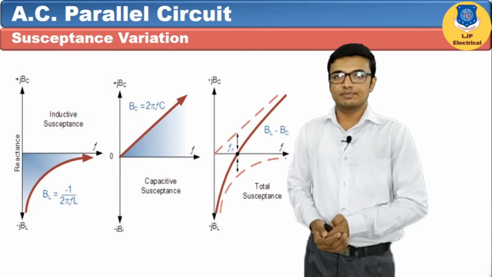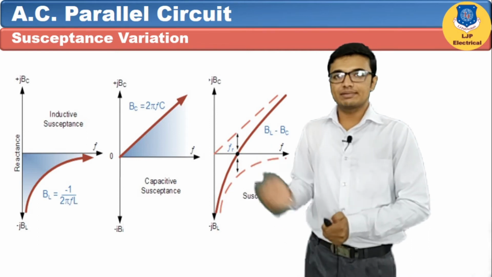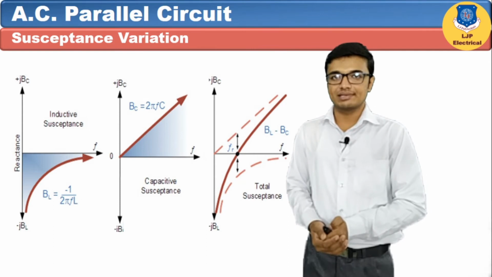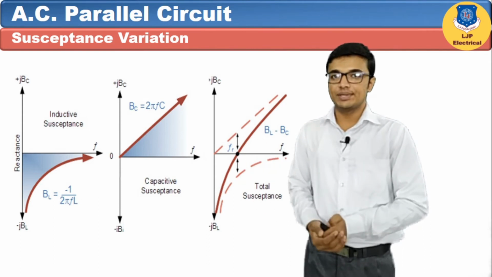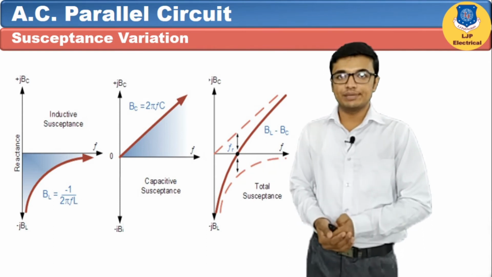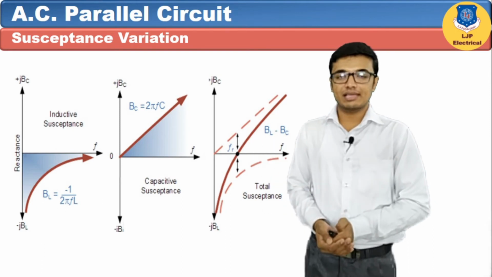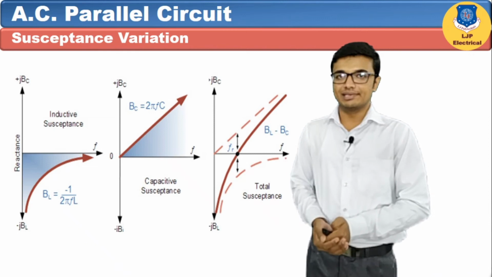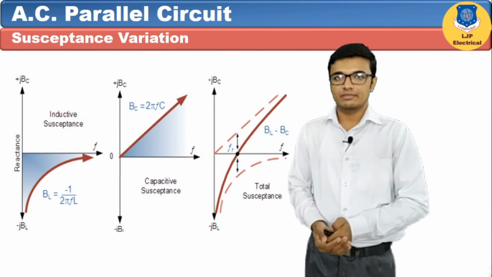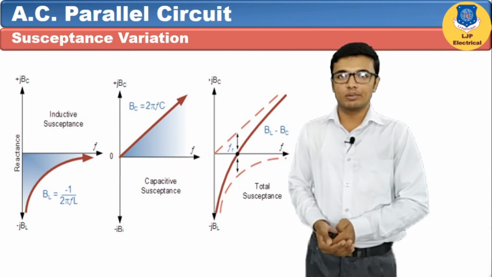At the time of resonance frequency, the value of inductive susceptance is equal to capacitive susceptance, hence net susceptance will become 0. After the resonance frequency, the value of capacitive susceptance is greater than inductive susceptance, hence net susceptance will increase. So it will be very high. And also the unit of net susceptance is mho.